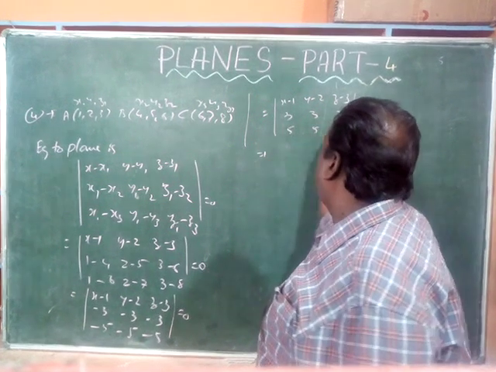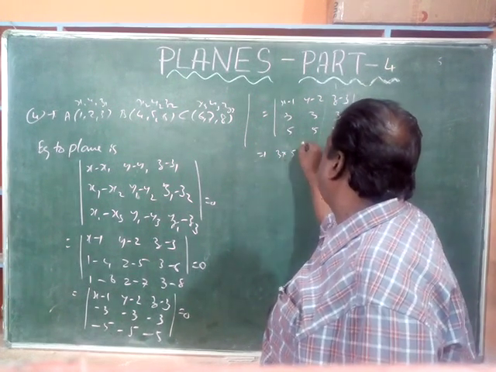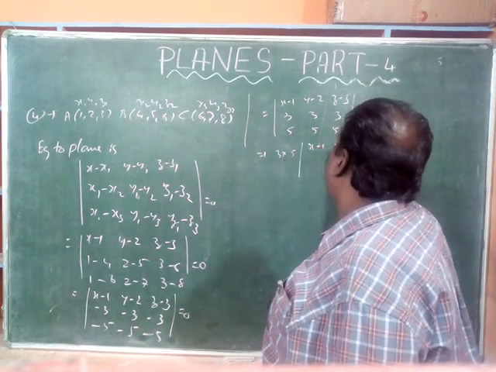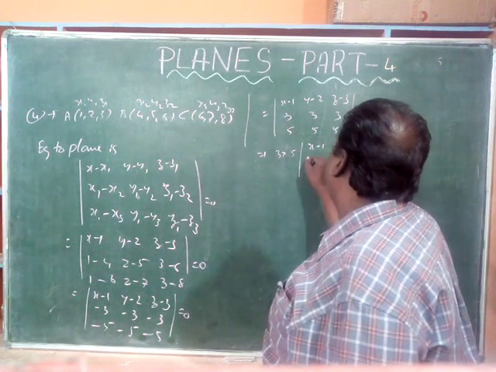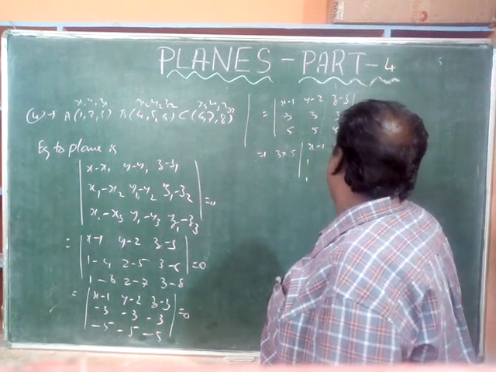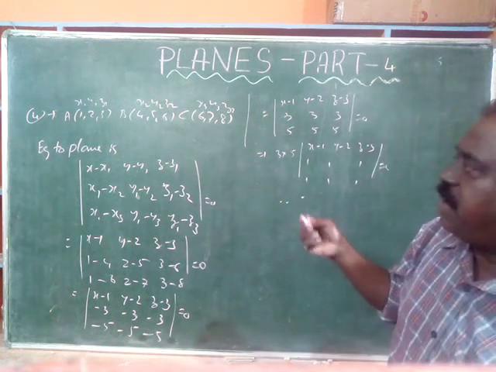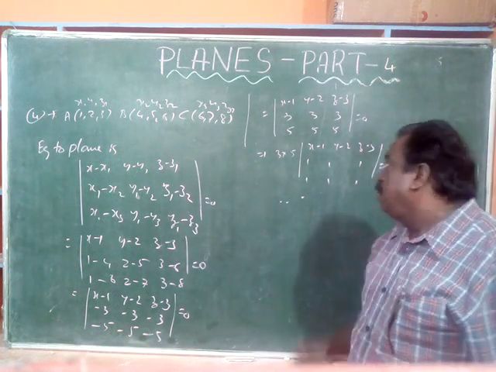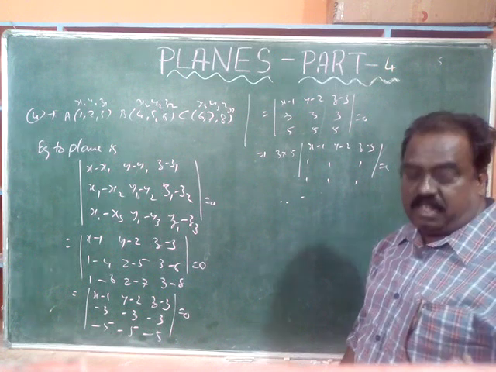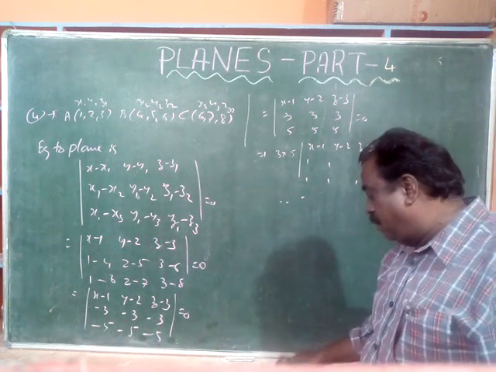Now again we take 3 common, 5 common. It is x minus 1, y minus 2, z minus 3; 1, 1, 1; 1, 1, 1, like that. And you can expand it. Simply I am taking some example. You expand it, you can get one equation of the plane.